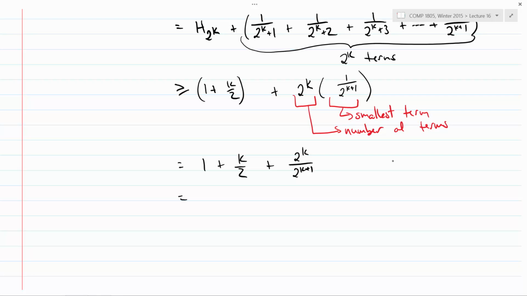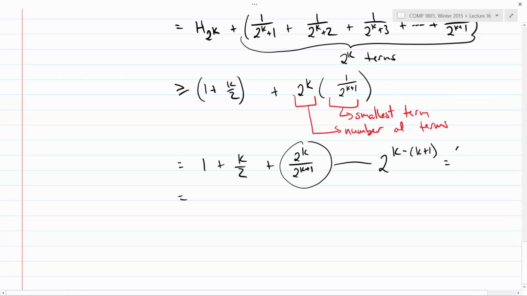When you divide two powers of 2, you subtract the exponents. So this is 2 to the k minus (k plus 1), which is the same as 2 to the minus 1, and 2 to the minus 1 is a half.